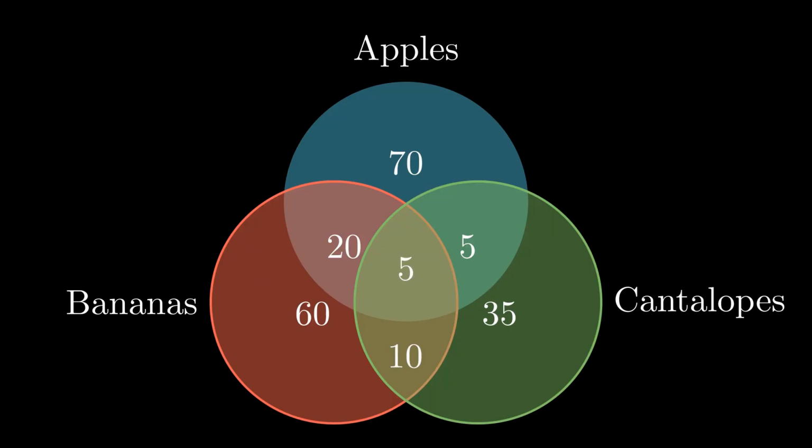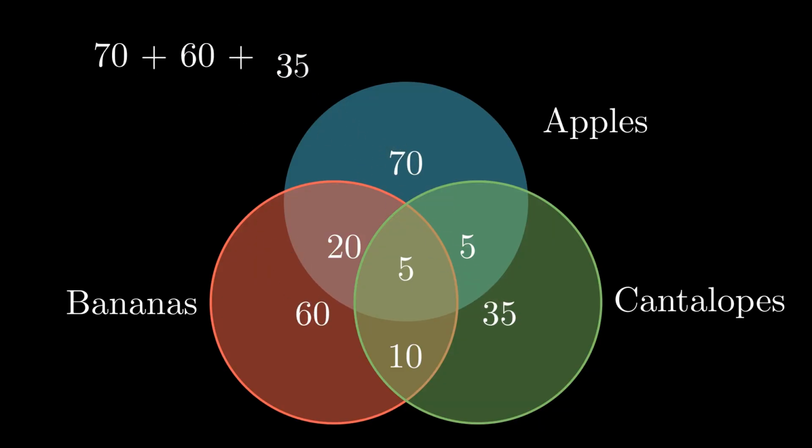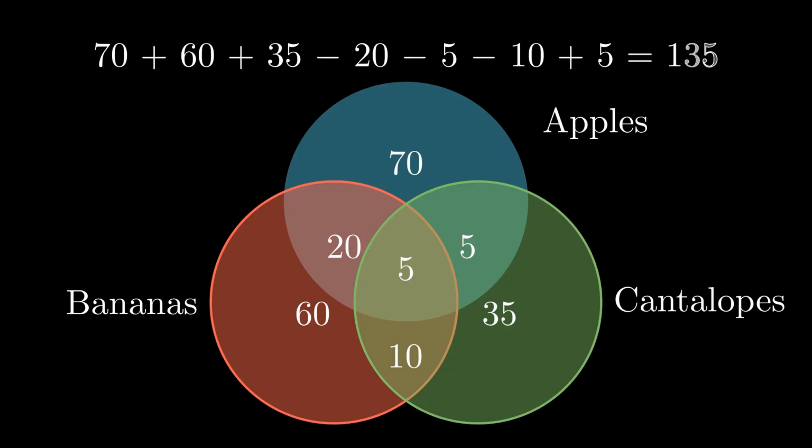There were also 5 people who said they wanted any of the snacks. So first, we add the cardinalities of each fruit. Then, we subtract the intersections. Finally, we add back the intersection of the intersections. So with nothing but the totals of the survey results, we can say that 135 unique people answered our survey.